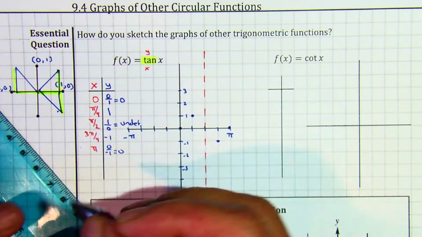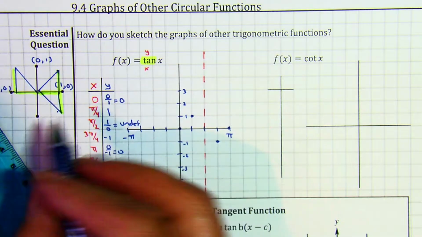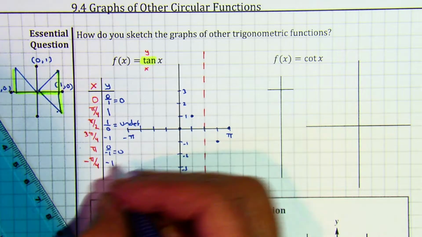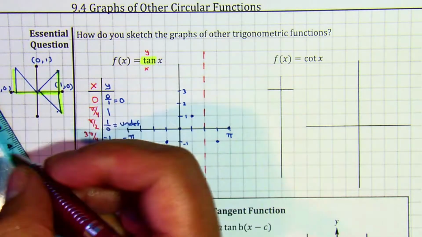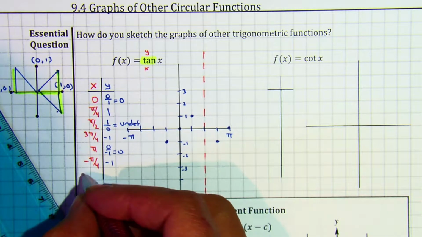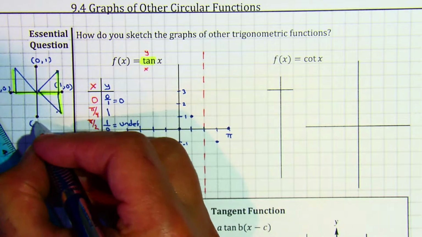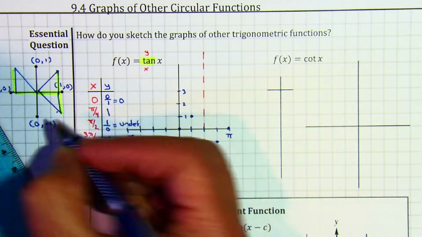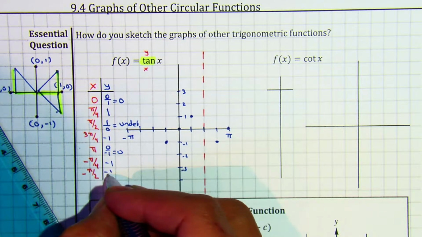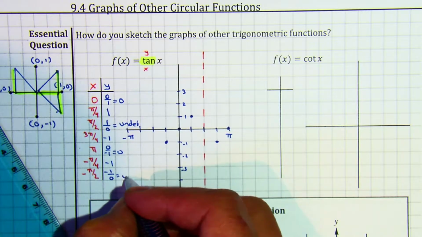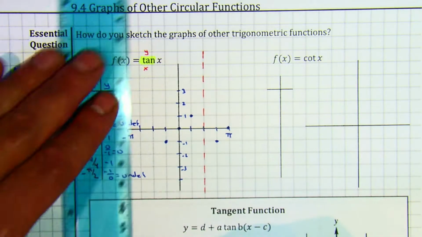So therefore, negative pi over 4 will give us a negative 1. Next, we're going to plug in negative pi over 2. Negative pi over 2 is 0, negative 1. So therefore, it will be y over x, negative 1 over 0, which will also be undefined. So therefore, we have our other asymptote here.